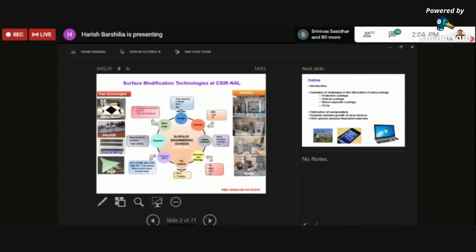So we work in the area of surface modification technologies. Just to give you a glimpse of our activities here at the Surface Engineering Division of CSIR National Aerospace Laboratories. At National Aerospace Laboratories, we work mainly for the aircraft program.